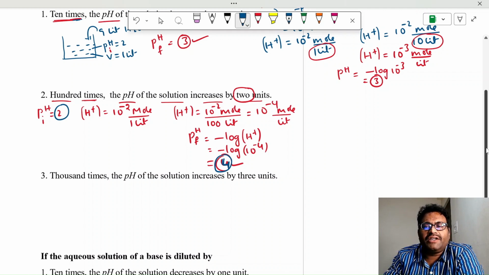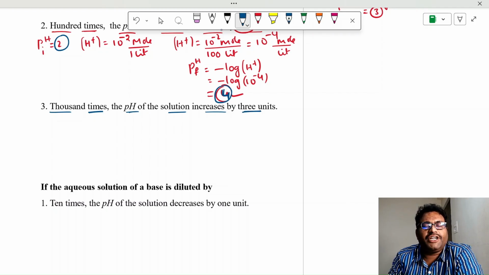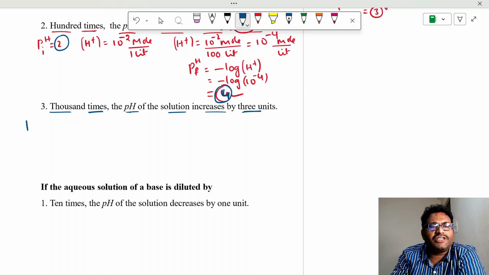The same here, if it is diluted by 1000 times, the pH of the solution increases by 3 units. The same question, let us take pH is equal to 2, H plus ion concentration is equal to 10 power minus 2 moles per liter.